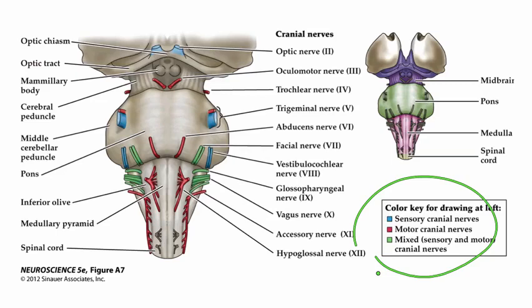So that suggests that there must be some complex relationship between the brainstem and the nerves, and often that is the case. So what I want to help you with next is to understand how these nerves connect up with the gray matter within the brain stem that either is receiving incoming sensory signals or giving rise to axons that convey motor signals out to the effector tissues.